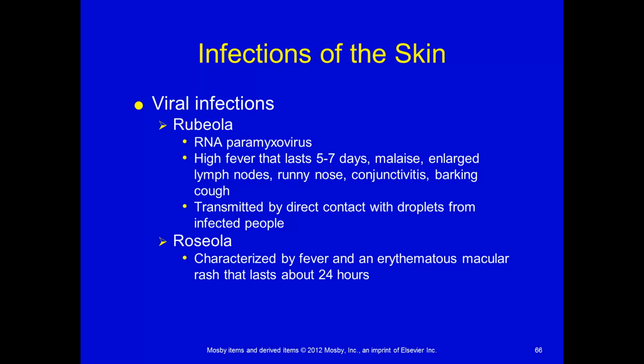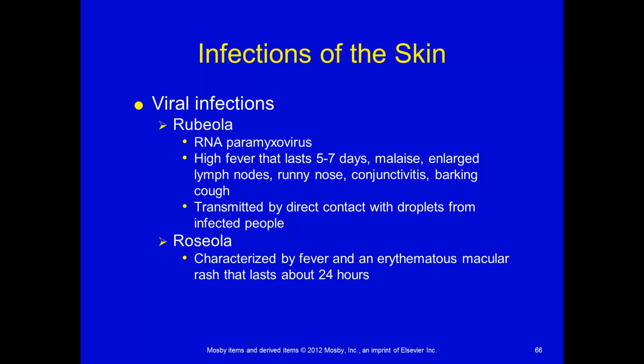And then roseola. This is a virus that's characterized by fever and a red, very macular, flat, non-raised rash that lasts about 24 hours, usually after the fever breaks and after the patient is feeling better.